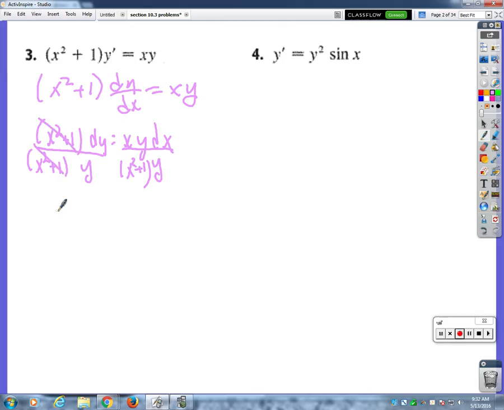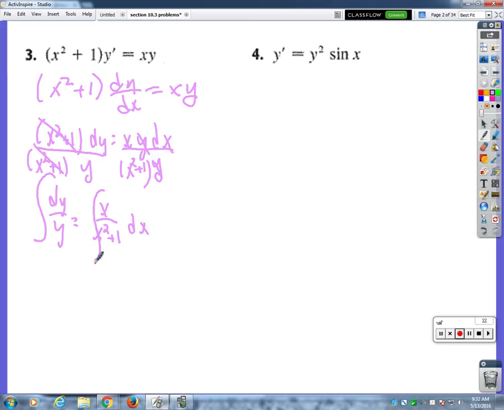So over here those cancel, and I get dy over y, and over here these cancel, and I get x over x squared plus 1 dx. Okay? Now what? Yep, antiderivative of both sides.